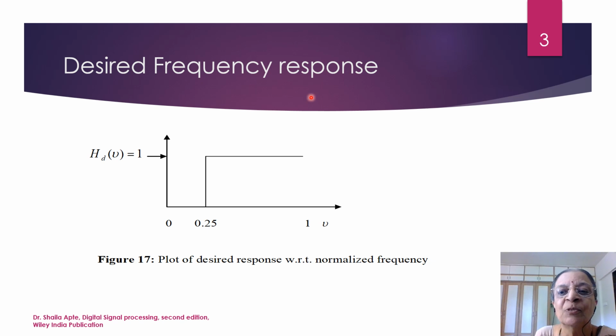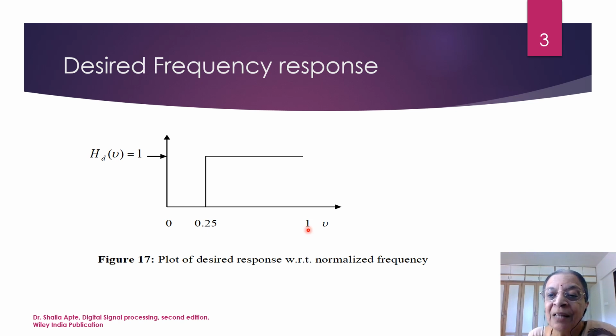So the desired response, how do we plot it? This is the desired response. HD, D represents that it is the desired response. Nu represents the frequency, that is the normalized frequency. The corresponding response is plotted like this. Nu, the normalized frequency, is equal to 1 for the Nyquist frequency.